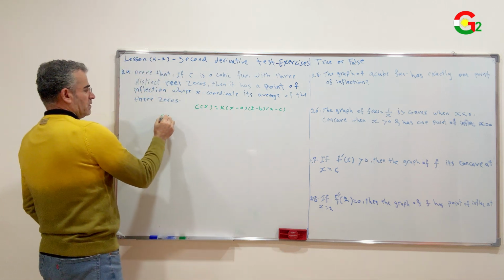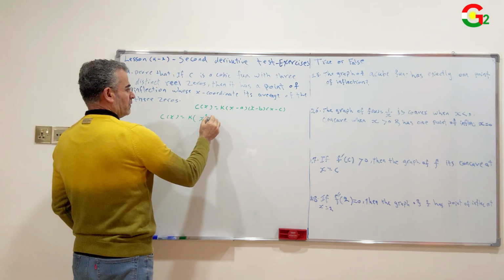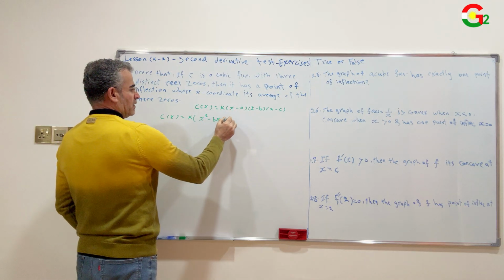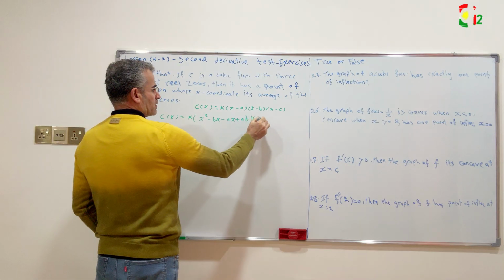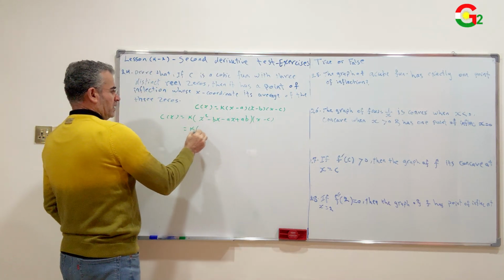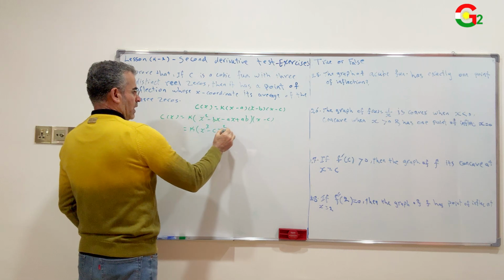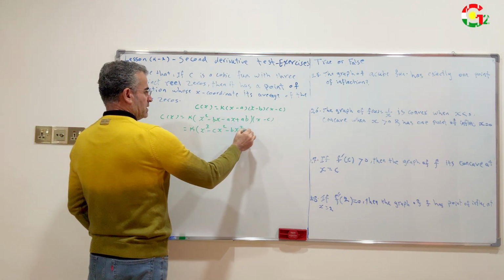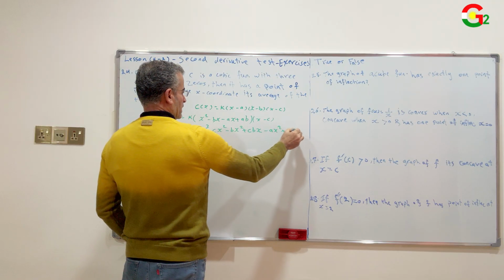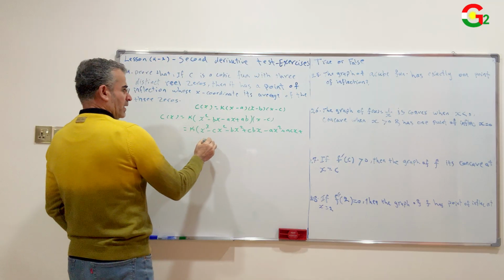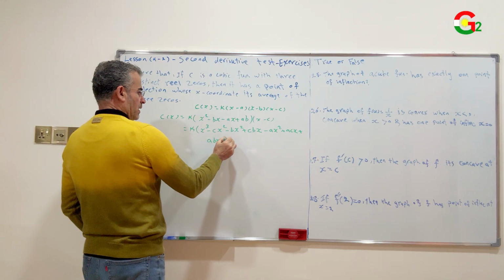Open these brackets: x times x power 2, x times b, negative bx, minus xa, or ax, plus ab, times x minus c, equals k times (x power 3, minus c x power 2, minus b x power 2, plus cbx, minus a x power 2, plus acx, plus abx, minus abc).